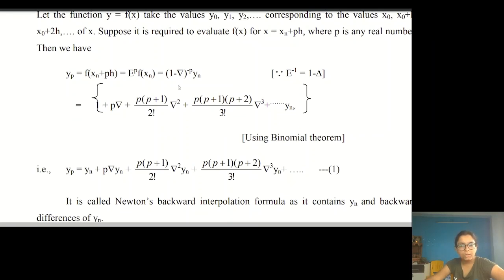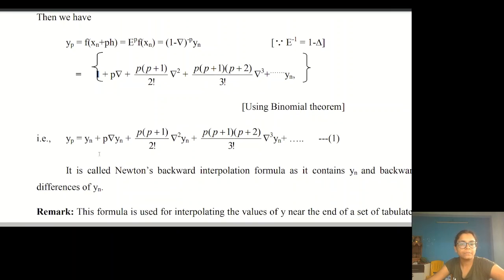Now if we open this whole equation with the help of the binomial theorem, we would get an equation like 1 plus p nabla plus p(p plus 1) by 2 factorial nabla squared plus p(p plus 1)(p plus 2) divided by 3 factorial nabla cubed, applied to yn.